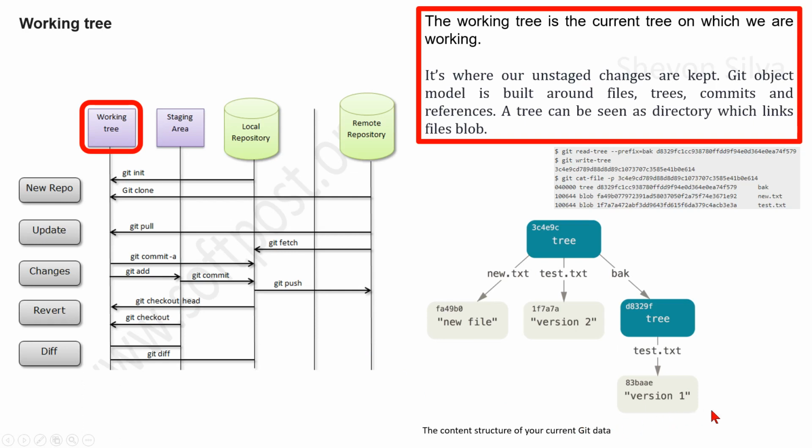Here you can see the content structure of sample Git data. Here the staging area now has two new versions of the test file, as well as the new file new.txt.